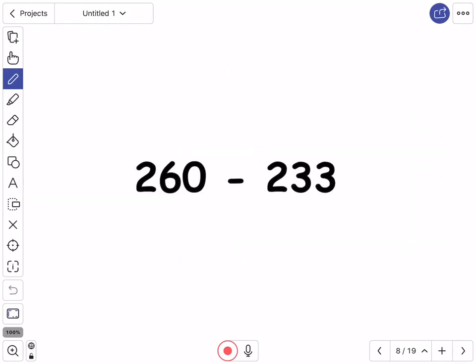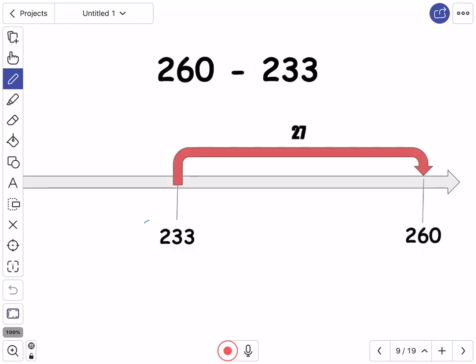Okay. So we have 260 minus 233. Notice that the numbers are very close to the ones that we just talked about. 260 minus 233. You actually might be able to do this one in your head. So think about it for a little bit, and then I'm going to show you the next slide with the same problem using a number line. This one's actually pretty easy.